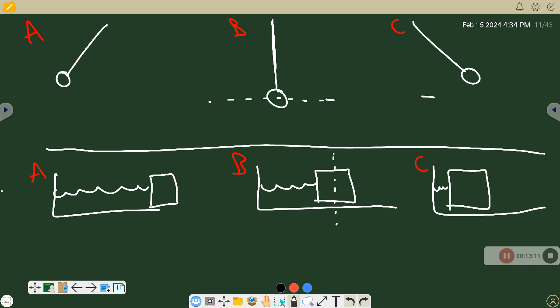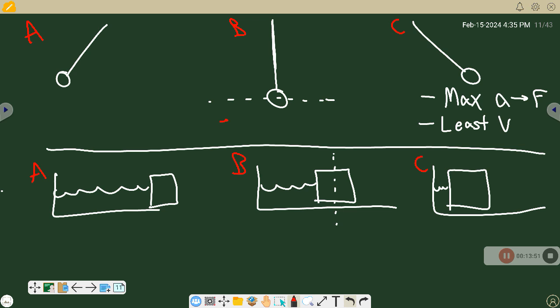We're going to have max acceleration at that point, the most amount of acceleration. We are also going to have the least amount of velocity at that point. We are also going to have the maximum amount of force as well. Because we have the most amount of force at that point, we have the most amount of acceleration. So that's what's going on there at C. And again, that is true for point A as well, and that is also true for point A and C on our springs as well.